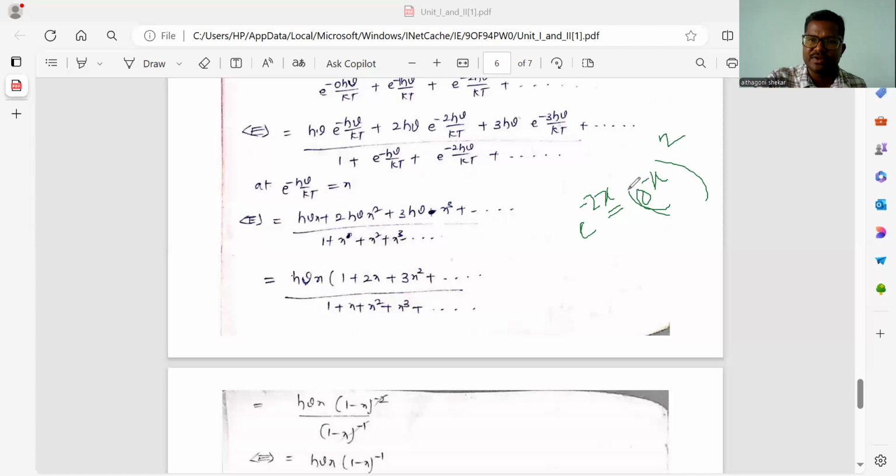So this one is x, and this overall e raised to minus h mu by kt is x, into 2, the whole power 2. So x squared. The same as the other terms also.